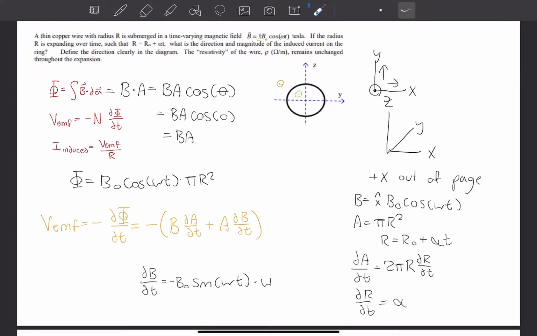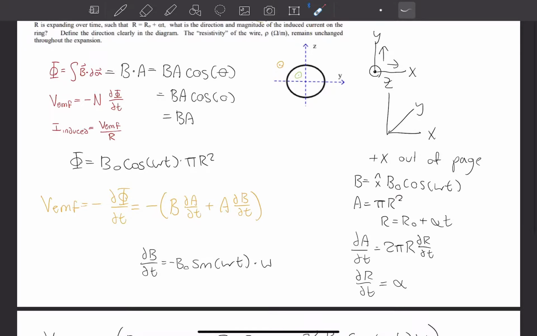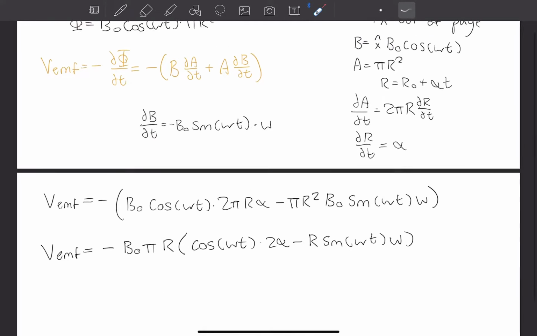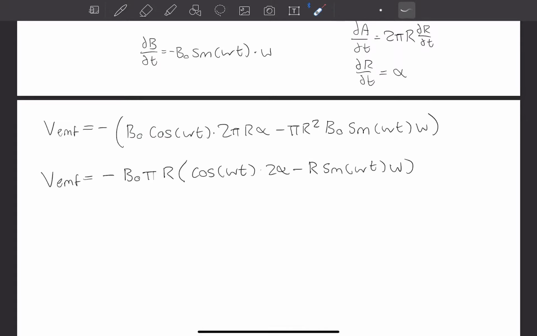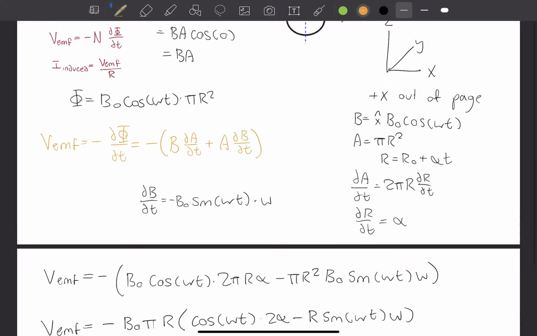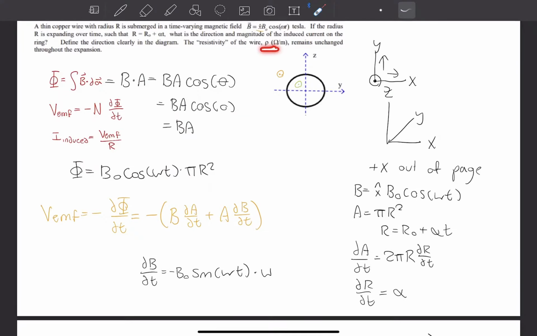And of course, the length of a circle, the circumference of a circle, is 2 pi r. So our resistance, of course, so we don't confuse it with our r of our ring, is rho times 2 pi r. And rho, of course, is our resistivity.